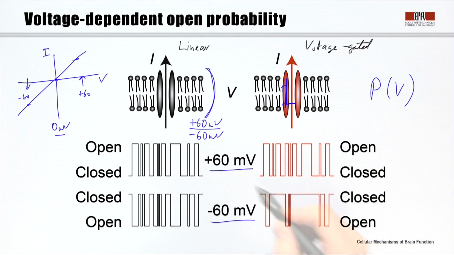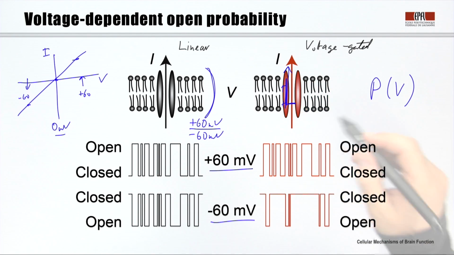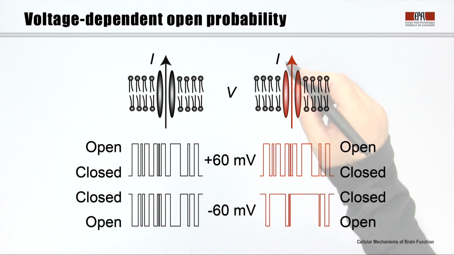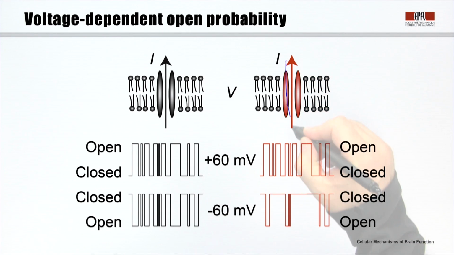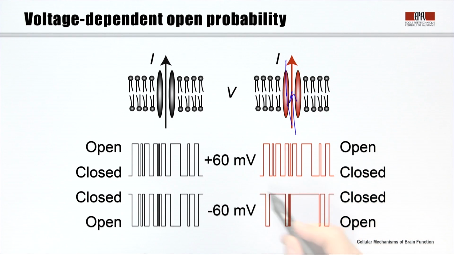At positive potentials, the gating of the S4 voltage gating region is changed. The S4 region moves out, the gate is then opened, and ions can flux. The open probability then increases at positive membrane potentials for a voltage-gated ion channel.